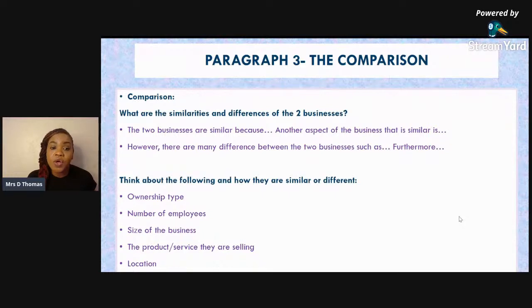The product or services they are selling. I am going to do another video on products or services, but I'll briefly go through it here. A product is something tangible, something you can touch, that the customer gets and can use.